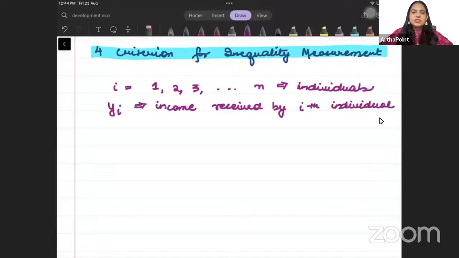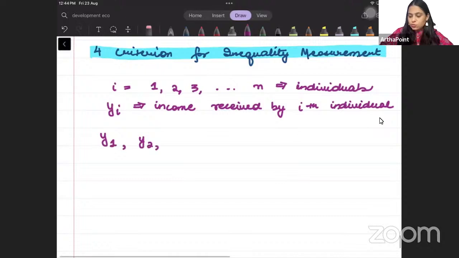That is, y1 is the income received by the first individual, y2 by the second individual, and so on till yn, the income received by the nth individual.